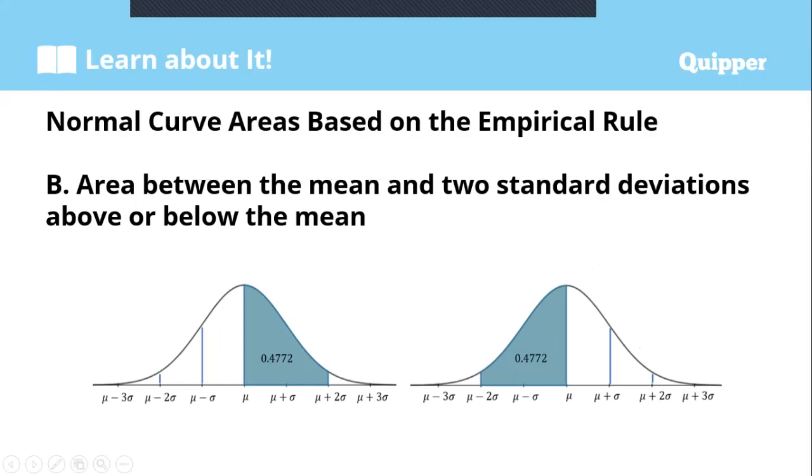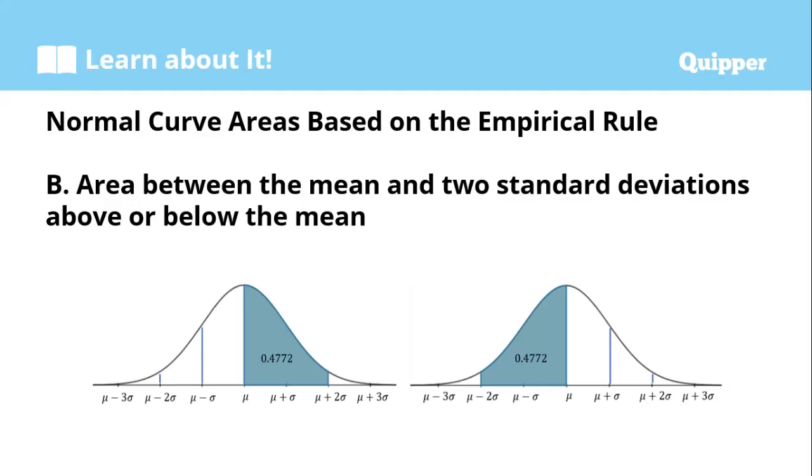Next, for 2 standard deviations below and above: below is on the left and above is on the right. Plus is for above, minus is for below. We divide the second percent, 0.9544, by 2, so 0.4772.